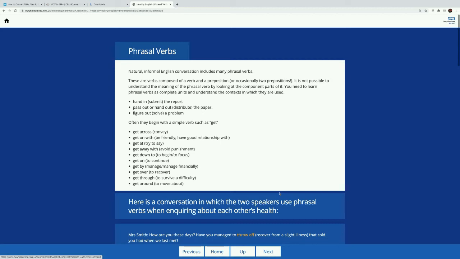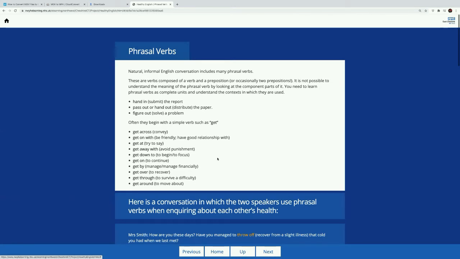Often this is quite difficult to remember because many of them begin with common English verbs such as to get or to put. And just by adding the preposition, the meaning is fundamentally changed.